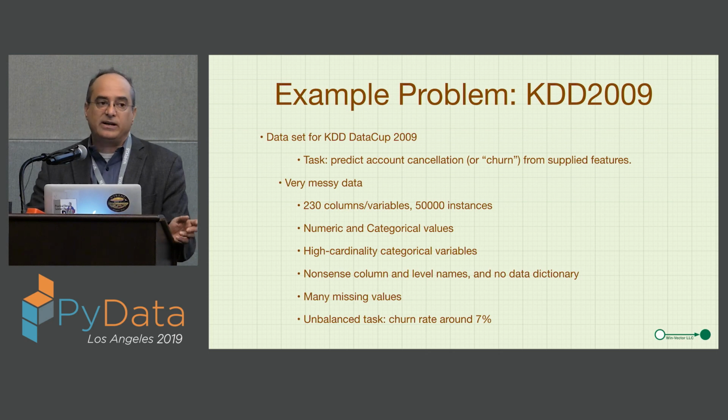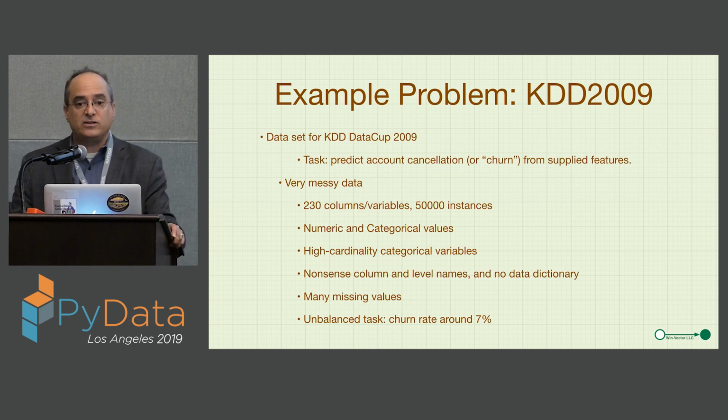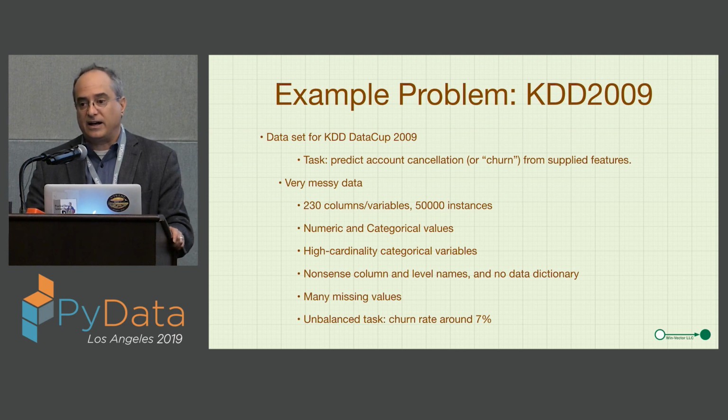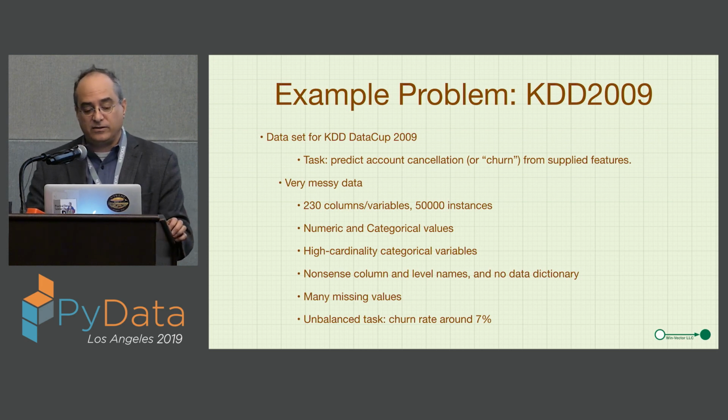It had both numeric and categorical variables. Most of them were completely infested with missing values, and many of the categorical variables were high cardinality, which means they took on a lot of cryptic different values. And again, no data dictionary, no way to roll up or join into anything useful. And it was an unbalanced task also, as churn is the cancellation of an account, and around 7% of the people in the observation window did this.